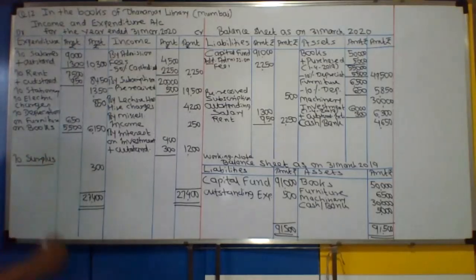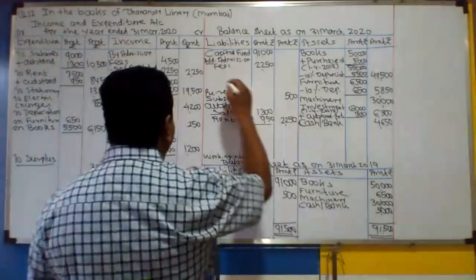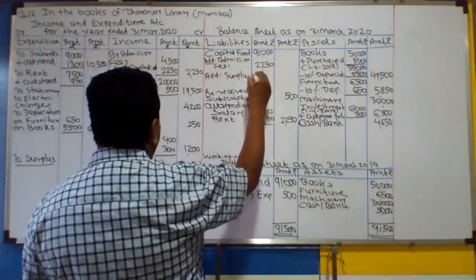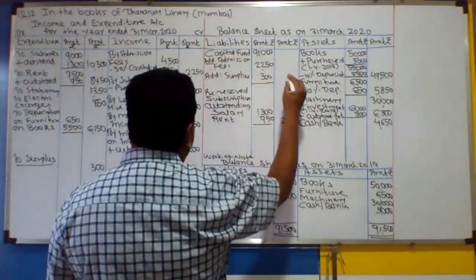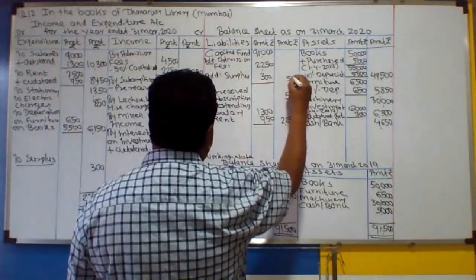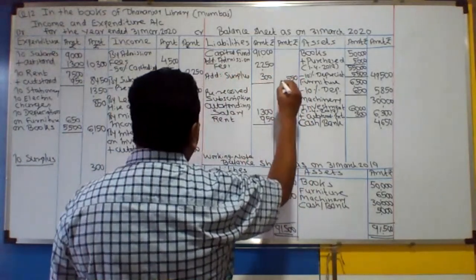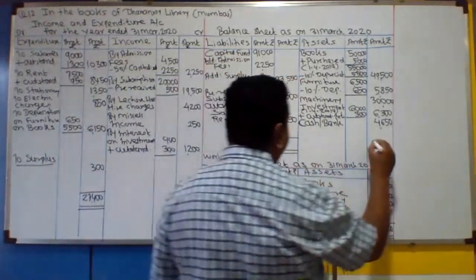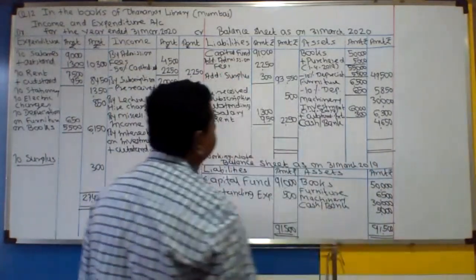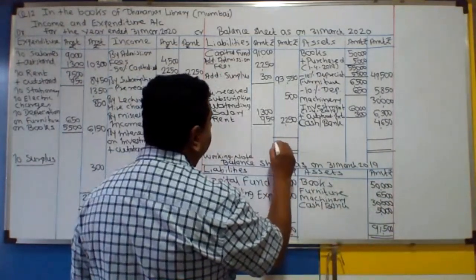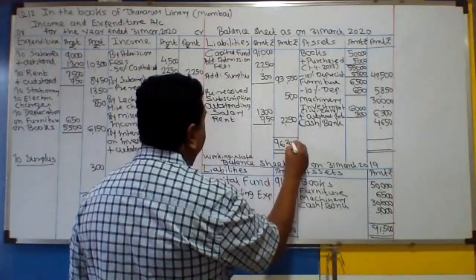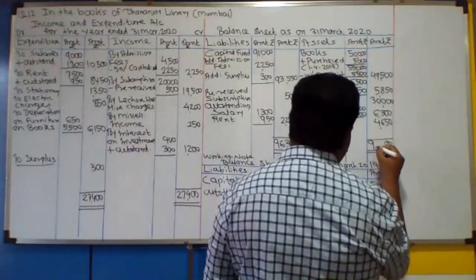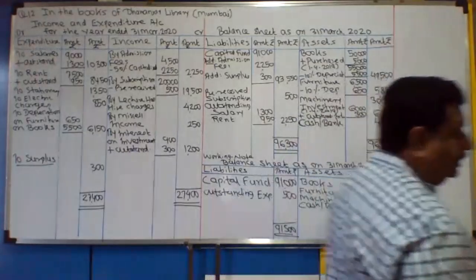Surplus, or you can say excess of income over expenditure. Add in capital fund, and take the total in the outer column. And now make your balance sheet tally. That is the tally answer.